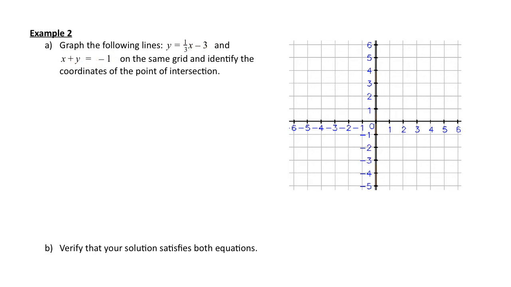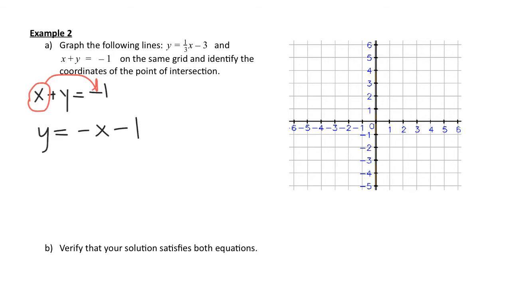So the first thing that I want to do is take this second equation and rearrange it into y equals mx plus b form. I've gone ahead and recopied that equation. The only thing that I really need to do here is take my x term and bring it over to the right-hand side.